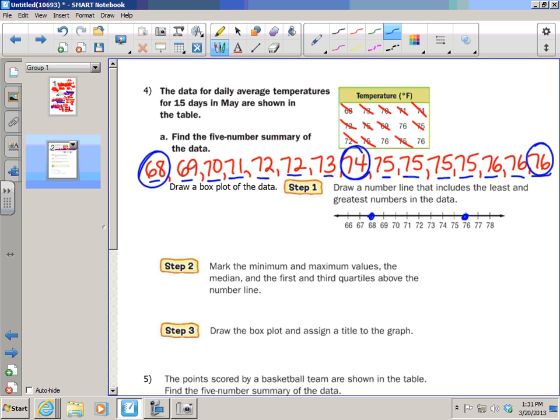Which puts me at 74, let me check that one more time. And I'm going to put a dot at 74 on my number line.